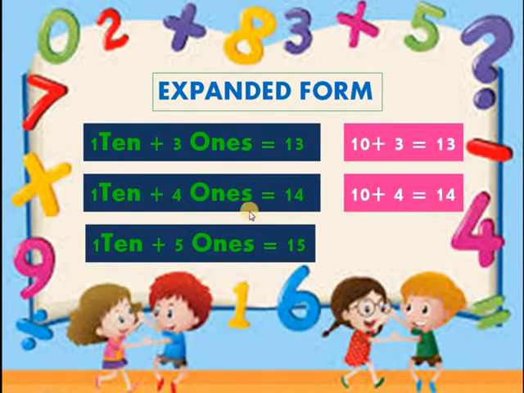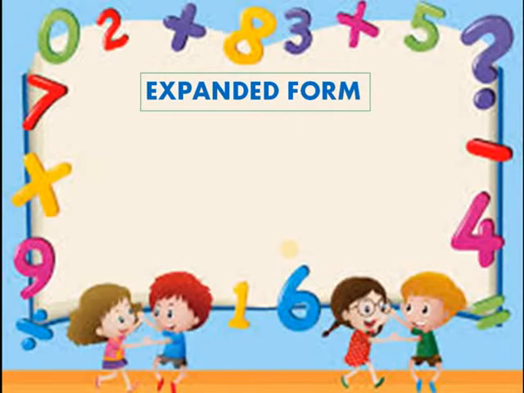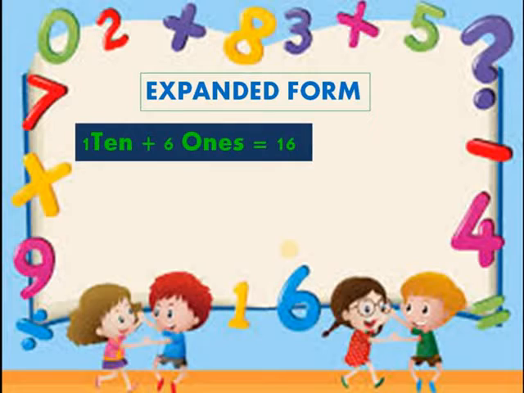This is the expanded form, 10 plus 3. Let's move to the next. The expanded form of 14: 4 is in ones place, so we have written 4 ones. 1 is in tens place, so we have written 1 ten. So 1 ten plus 4 ones is equal to 14. It can be written as 10 plus 4, which is equal to 14.